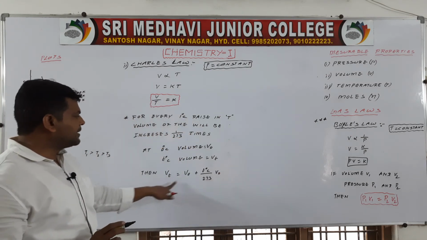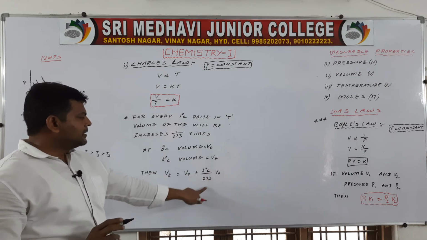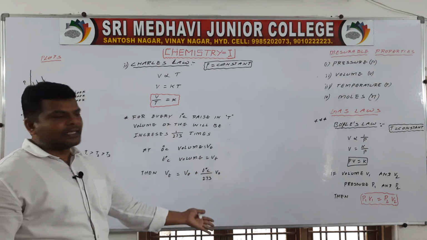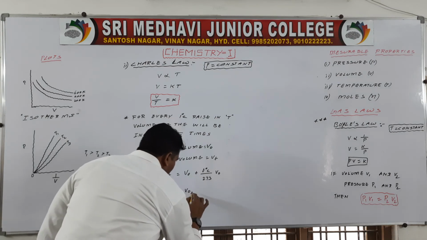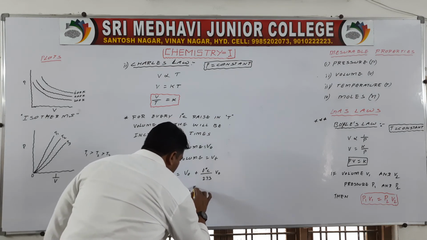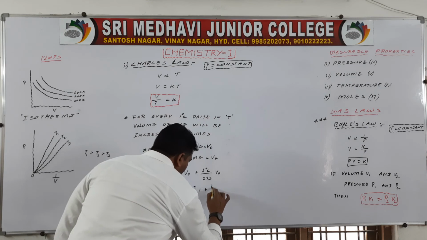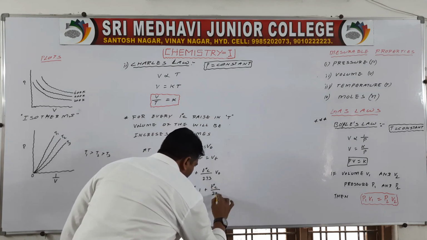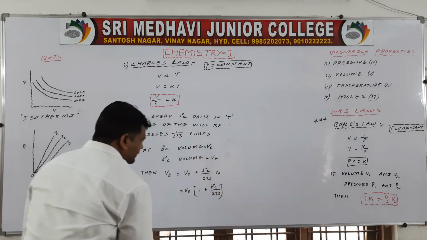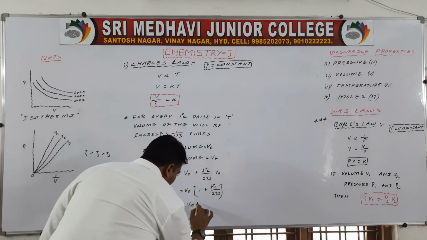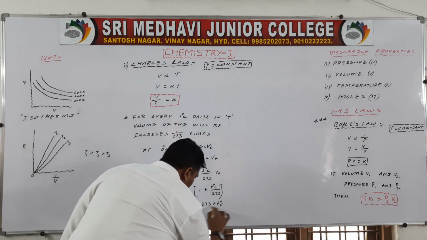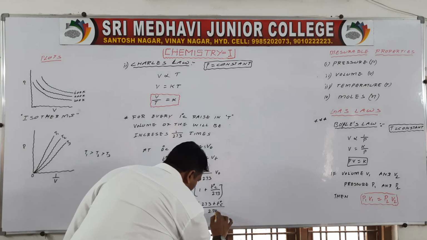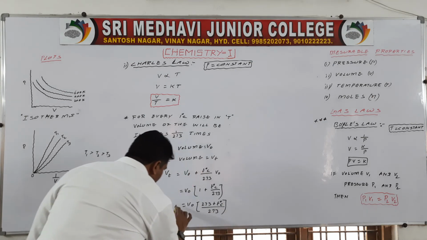So Vt equals V naught, taking common, 1 plus T by 273, which is 273 plus T by 273.